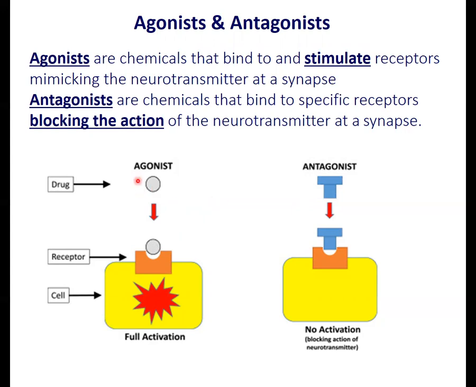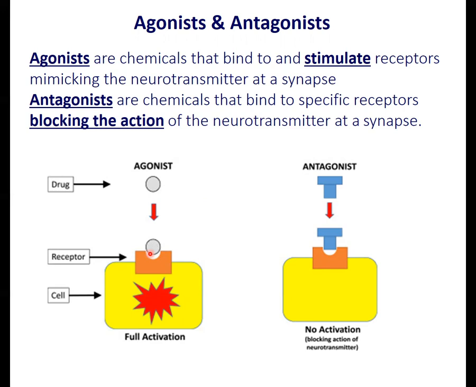You can see here, the drug is able to bind to the receptor on the postsynaptic neuron. When it binds to the receptor, it makes it easier to reach threshold, and it activates the cell, and it passes the signal on. So that's one way a drug can work. It can act as an agonist, and it can stimulate the neurons.